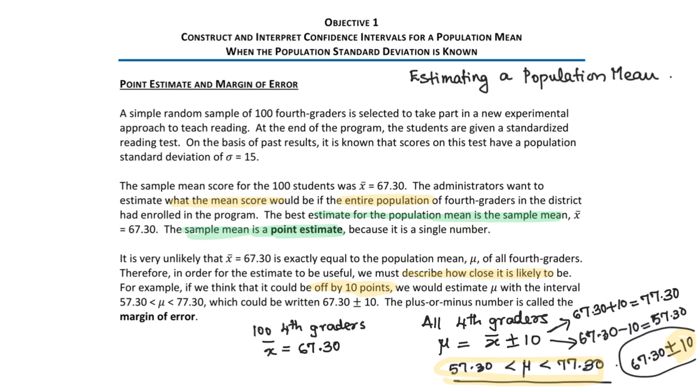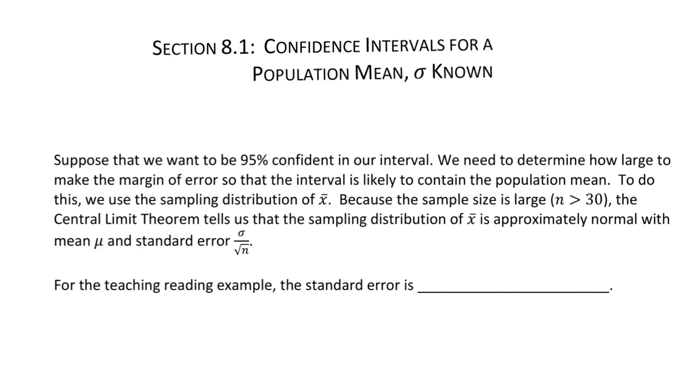We need to determine how large to make the margin of error so that the interval is likely to contain the population mean. To do this, we use the sampling distribution of the sample mean. Our sample size is 100 students. Since the sample size is greater than 30, the central limit theorem tells us that the sampling distribution of the sample mean is approximately normal with mean mu and standard deviation sigma divided by square root of n.